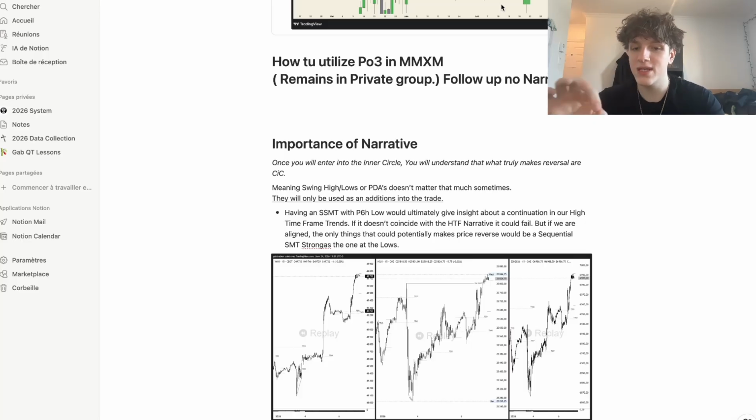A lower time frame sequential SMT or cracking correlation, whatever, could potentially reverse there. Realistically, there are many probabilities that price reverses even though we have a higher time frame cracking correlation at the lows. But if you're aligned with it, there is no big reason to care.